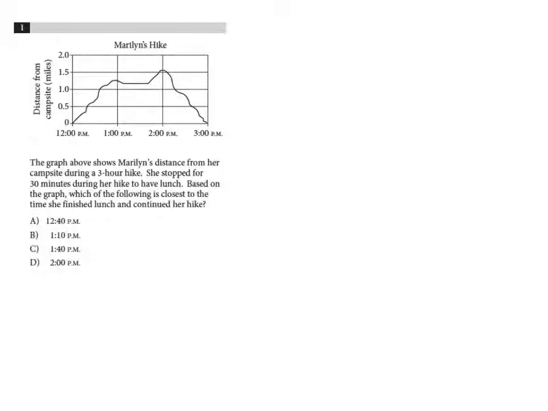Okay, so it says that during a 3-hour hike, she stopped for a 30-minute lunch during her hike. So the distance should not have been changing during that time because she wasn't moving. So we're looking for a horizontal line segment that is 30 minutes long, and that looks like that segment right there.